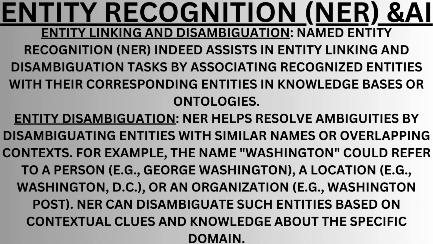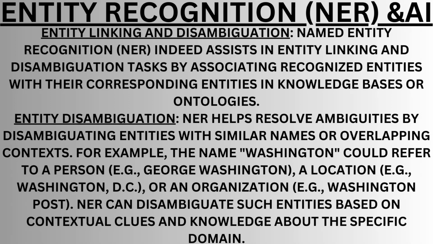Entity linking and disambiguation. Named entity recognition indeed assists in entity linking and disambiguation tasks by associating recognized entities with their corresponding entities in knowledge bases or ontologies. Entity disambiguation. NER helps resolve ambiguities by disambiguating entities with similar names or overlapping contexts.